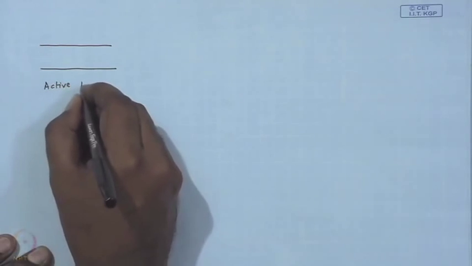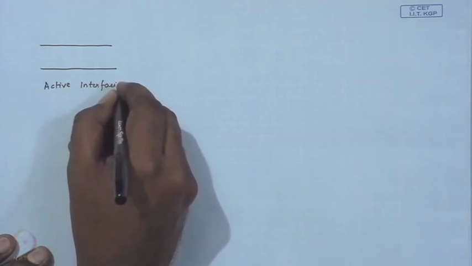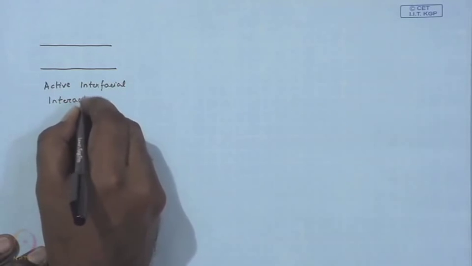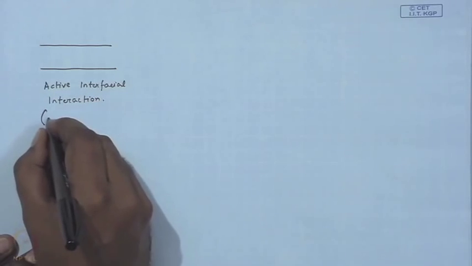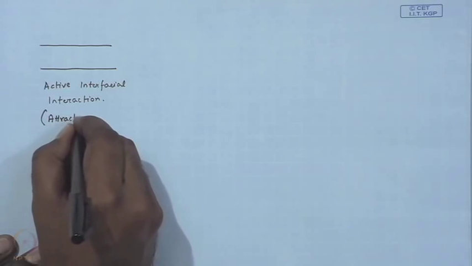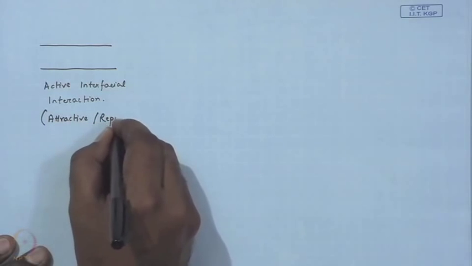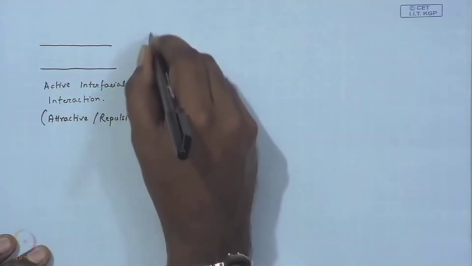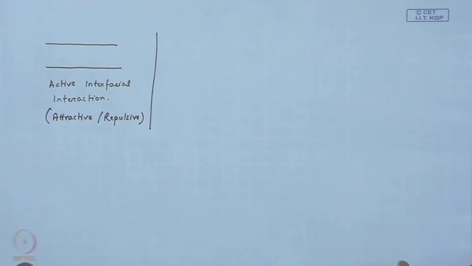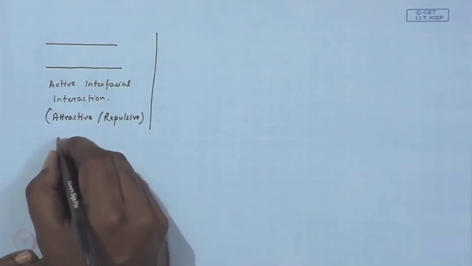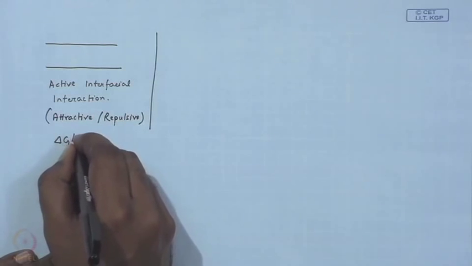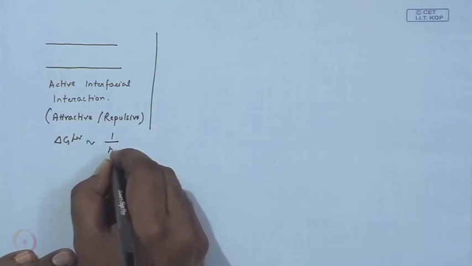The other important thing is that we now understand there is an active interfacial interaction, which can be attractive or repulsive. What are the conditions under which it becomes attractive or repulsive, we will come to later, but all we understand is that there is some active interfacial interaction, and this interaction scales with the film thickness.